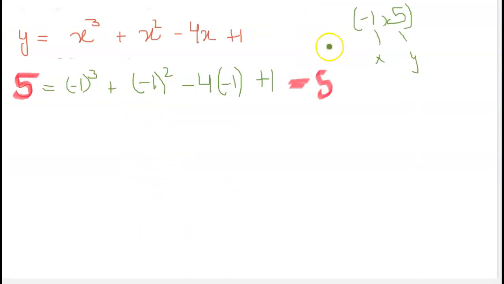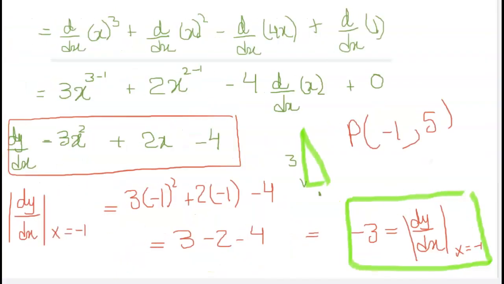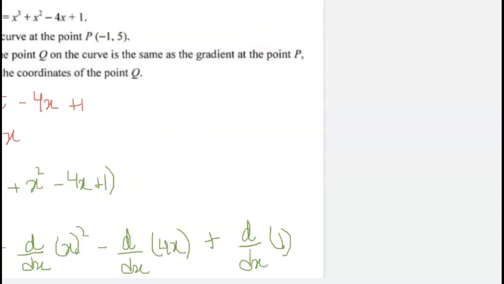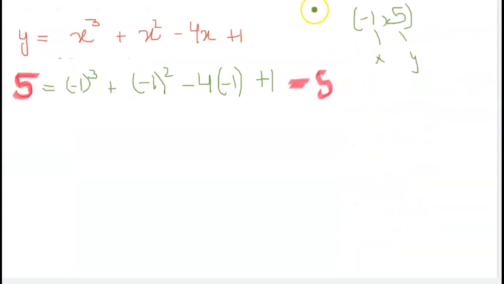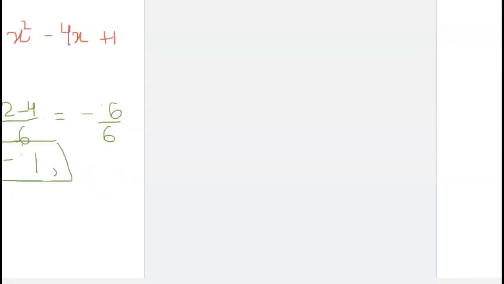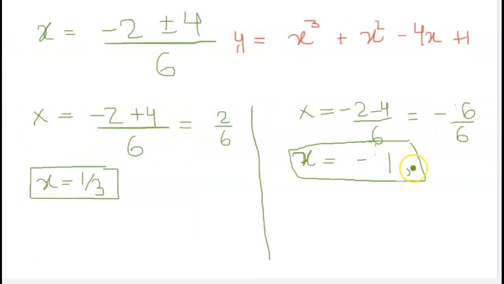Now, if you have a look at that one, this was your point P. So P was minus 1, 5, which means this point is the point P. If I put minus 1 here, it's going to give me an answer 5 because it's already given in the question.